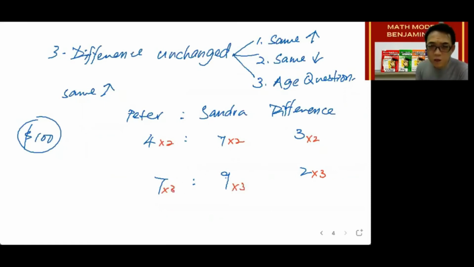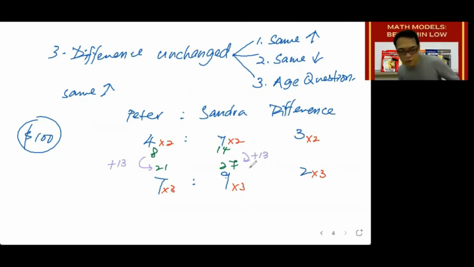If you do this, you will find that this will give you 8 is to 14 and 21 is to 27. Upon closer observation, you should now notice that this has increased by 13 units, and so has this. And so, as a result of this, we now know that 13 units is $100. Of course, this is not divisible.